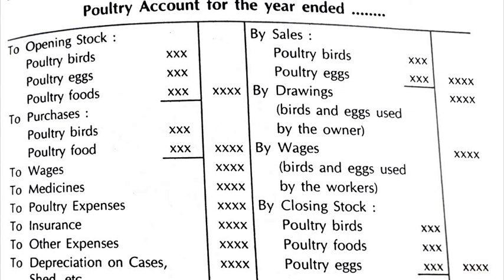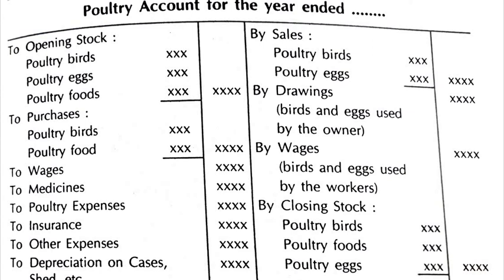If there are any purchases of poultry birds and food, that is written in the inner column and the total of it is written in the outer column. Any wages being paid: to wages, to medicine, to poultry expenses. Any expenses incurred on these birds are written here.